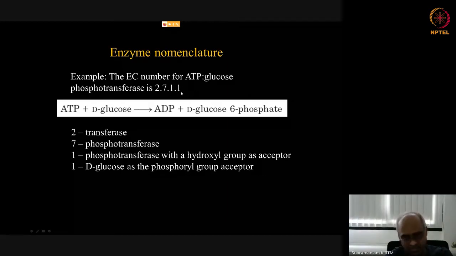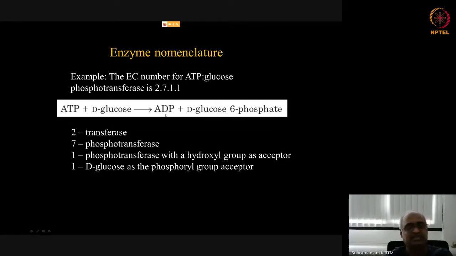So when you come to the fourth digit, it specifically defines that enzyme. No longer is it a group; this is a specific enzyme. So this is the only enzyme that transfers a phospho group to a hydroxyl group of glucose. This is how you have this hierarchical 4-part number system for naming the enzymes.